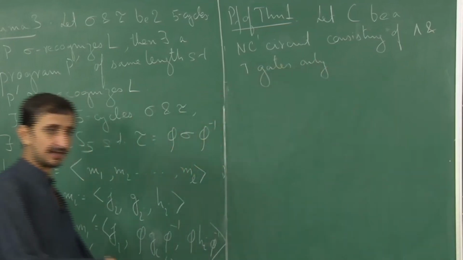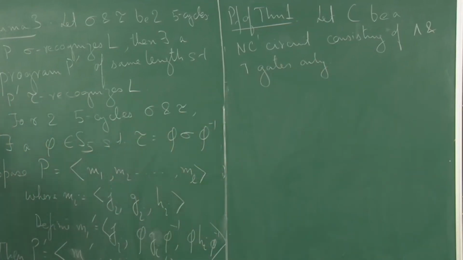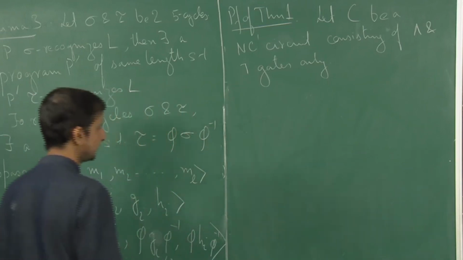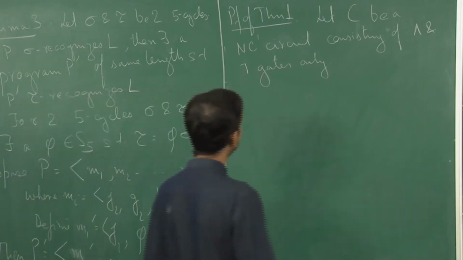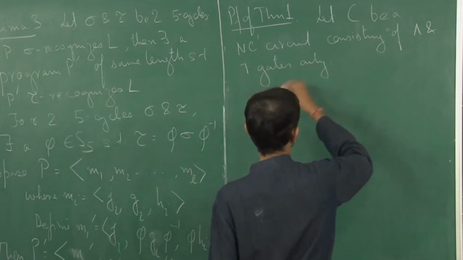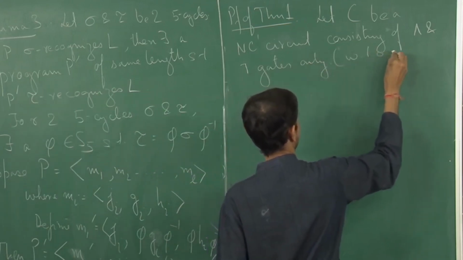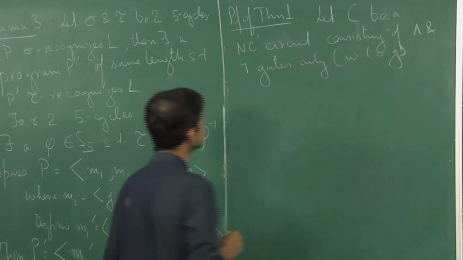Using De Morgan's I can remove all OR gates, and it is still an NC1 circuit. So we can assume all these gates have fan-in 2, without loss of generality.